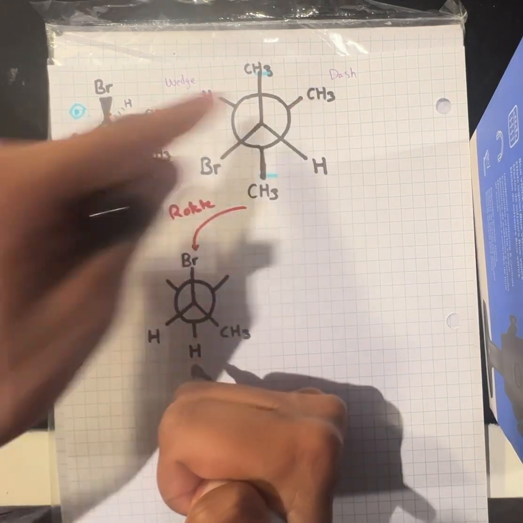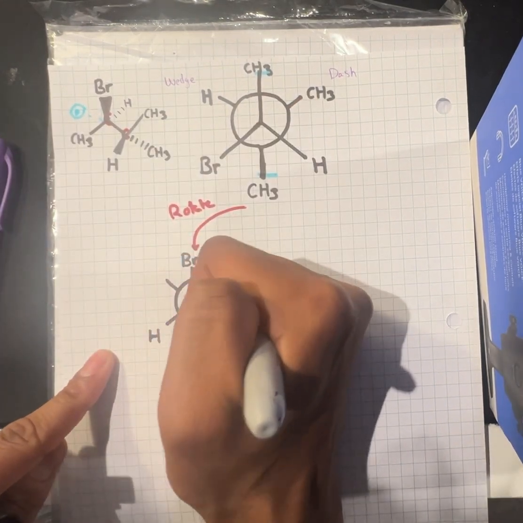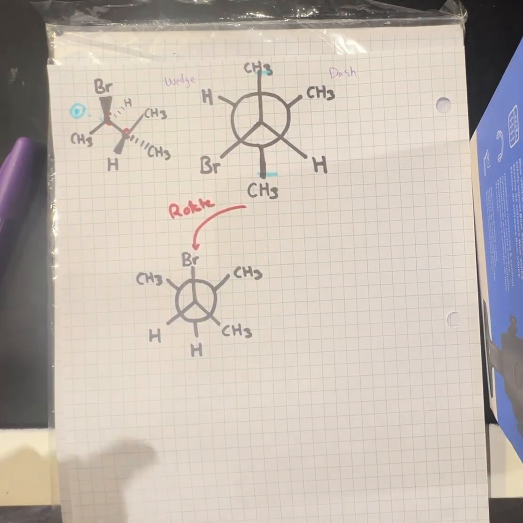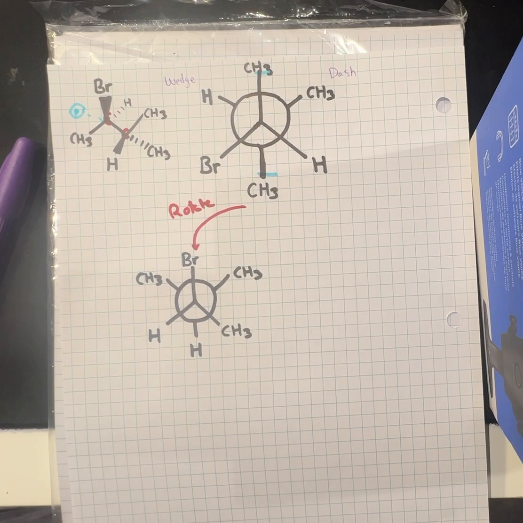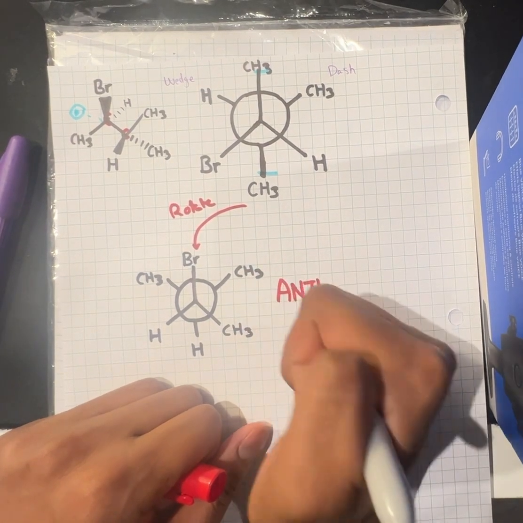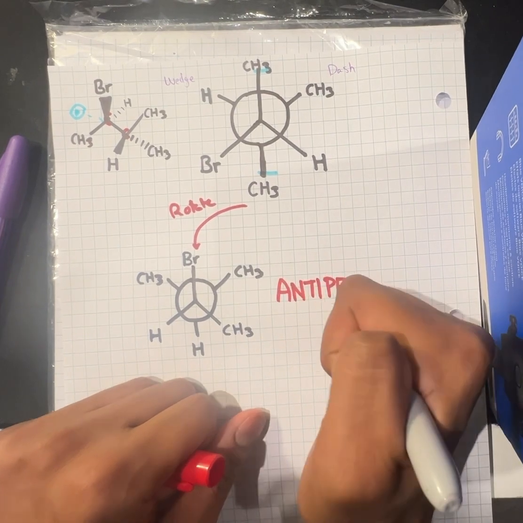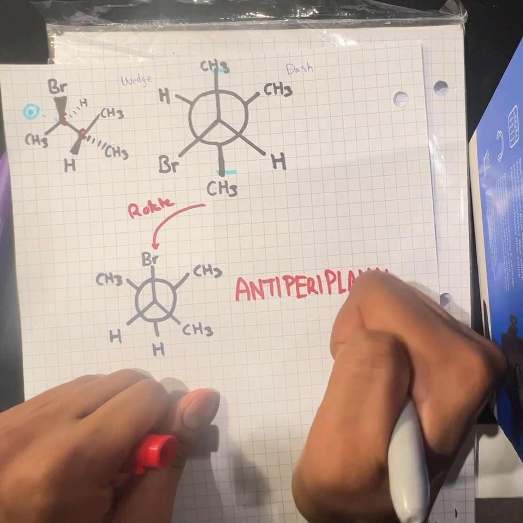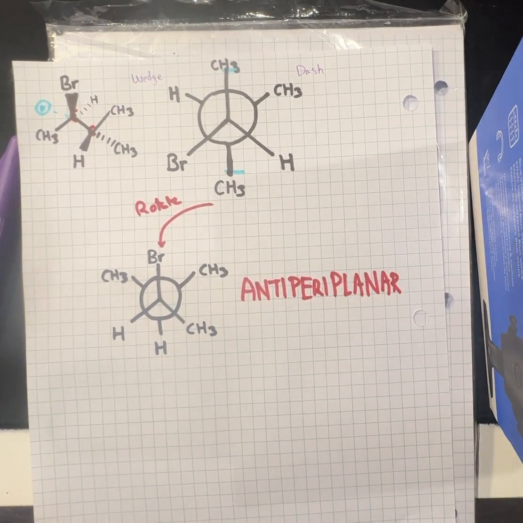Methyl goes to where this methyl was, and this methyl goes to where that hydrogen was. Now, this is our antiperiplanar conformation.